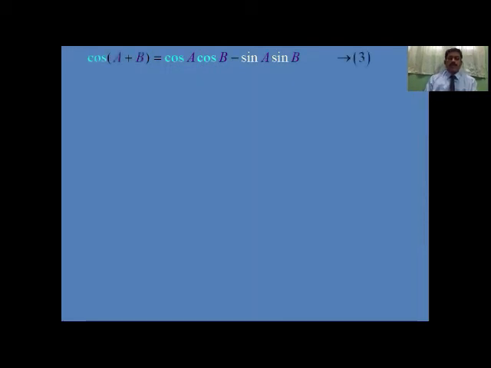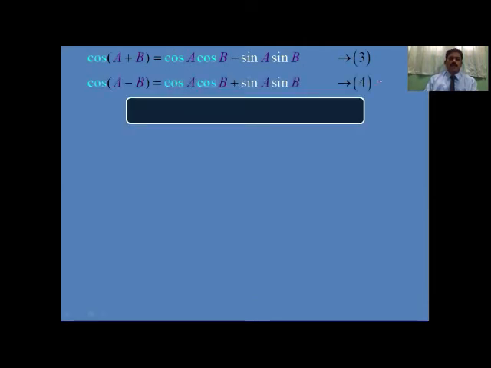I'm going to consider equation 3 and equation 4 to derive the next formula. The next formula is cos of (A plus B) into cos of (A minus B) equal to cos square B minus sin square A. If you observe the left hand side, it is in the form of multiplication. So I am multiplying equation 3 and 4.